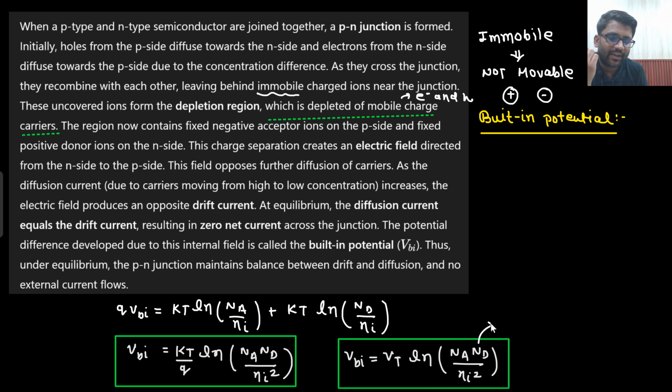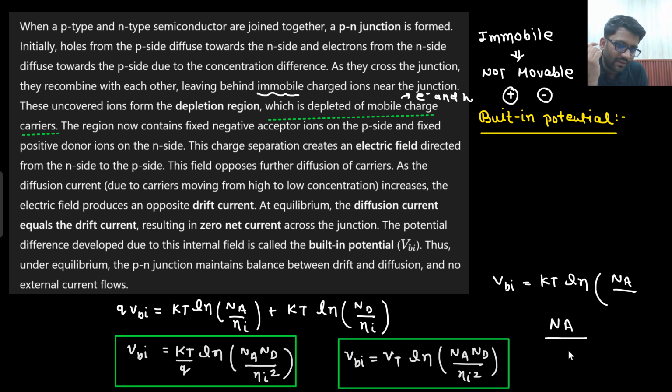What could be the other way of writing this formula? You will remember this one, okay? But what could be the other way? kT ln Na I am keeping as it is. Then Nd by Ni square: this is Na divided by Ni square by Nd, with the Nd coming downward. What is this Ni square by Nd representing?